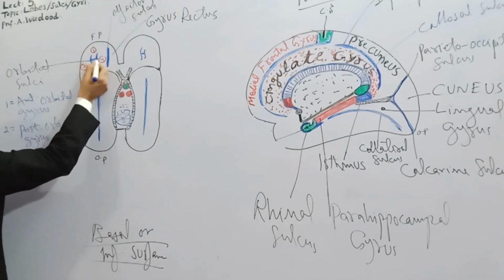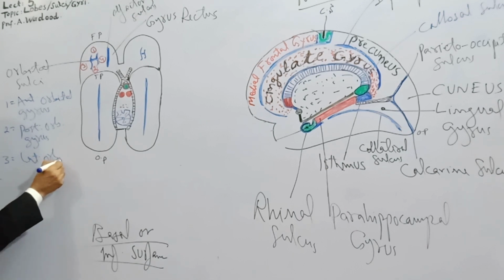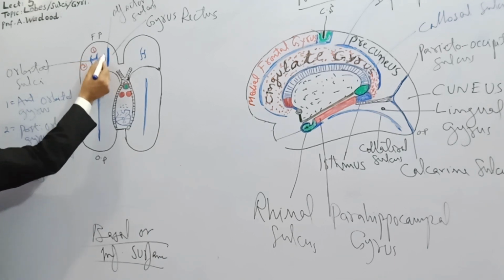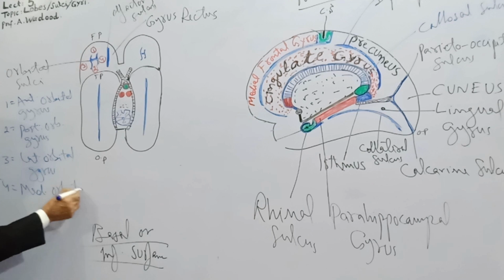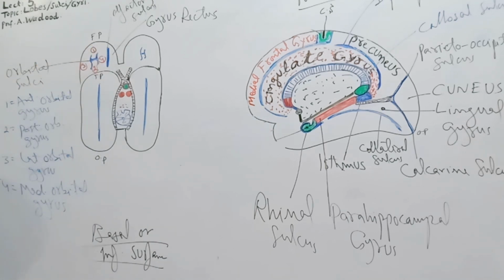Now number 3, lateral to the H-shaped sulci, is the lateral orbital gyrus. And number 4, which is medial to the H-shaped orbital sulci and lateral to the olfactory sulcus, is the medial orbital gyrus, because they are all on the orbital part of the inferior surface.